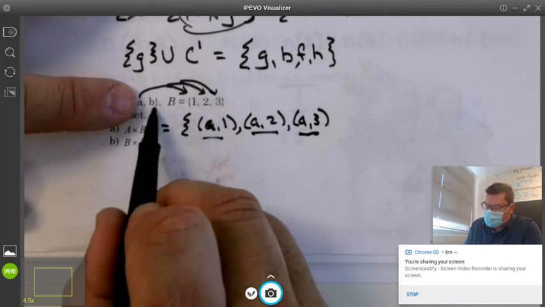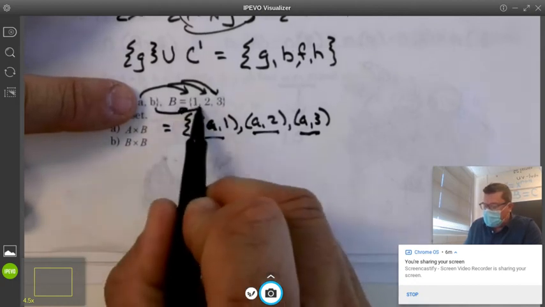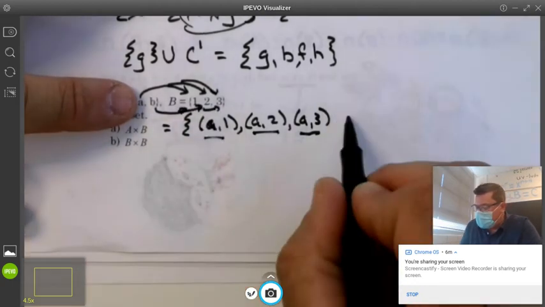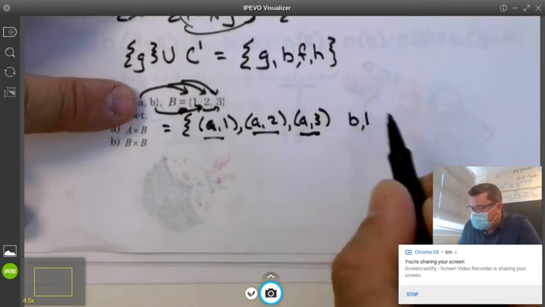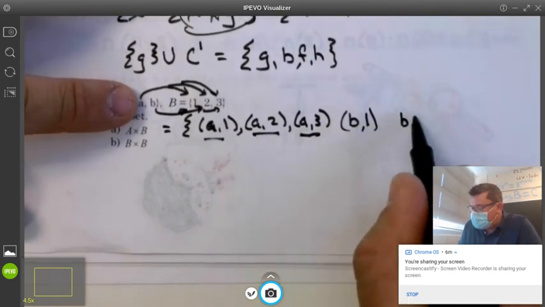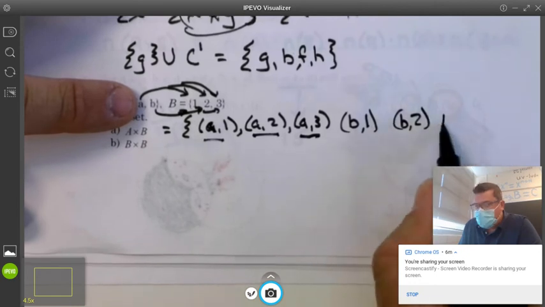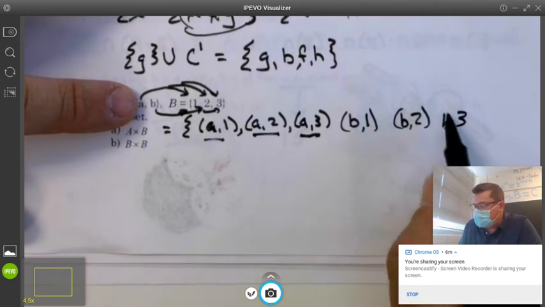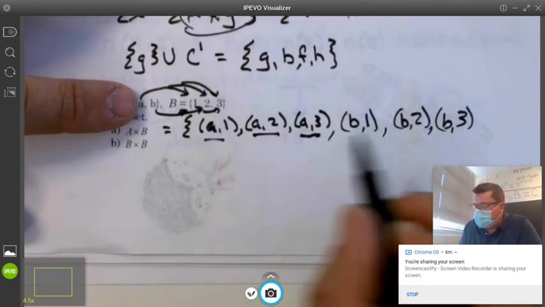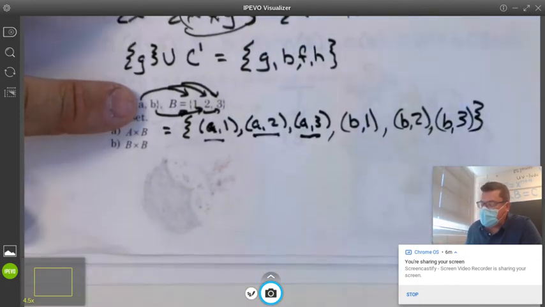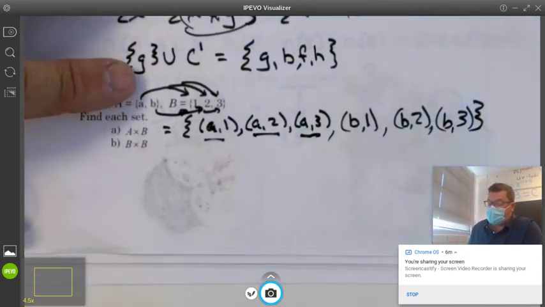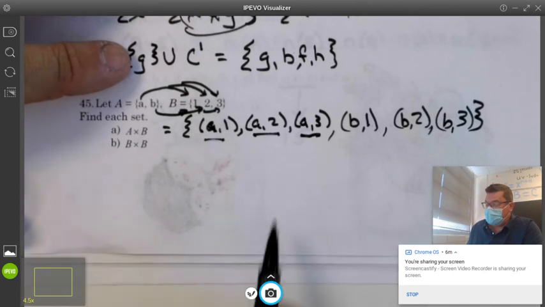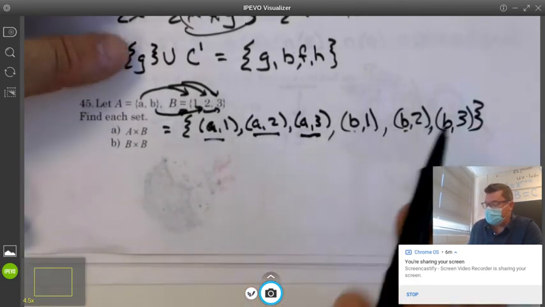Then it's kind of like distribution. B goes with 1, 2, and 3. B goes with 1. B goes with 2. B goes with 3. I like to make ordered pairs. How many ordered pairs did we just build? 1, 2, 3, 4, 5, 6.